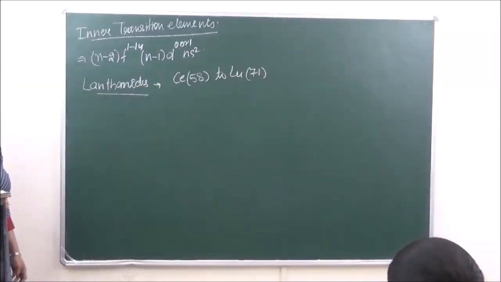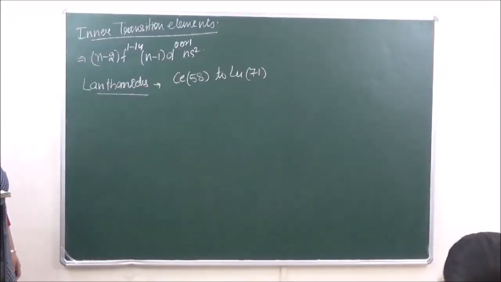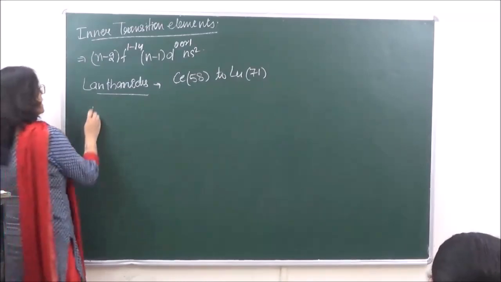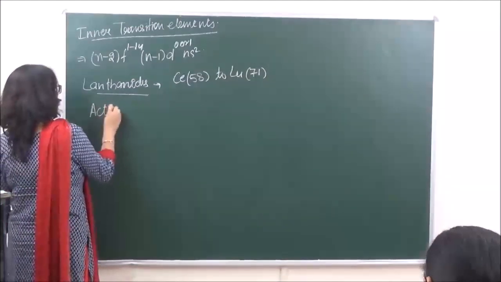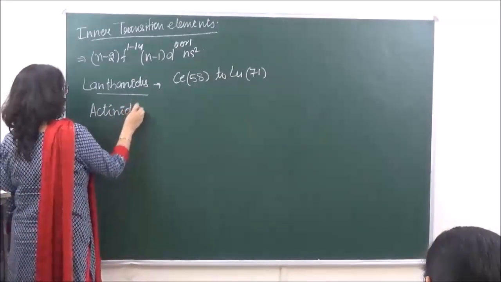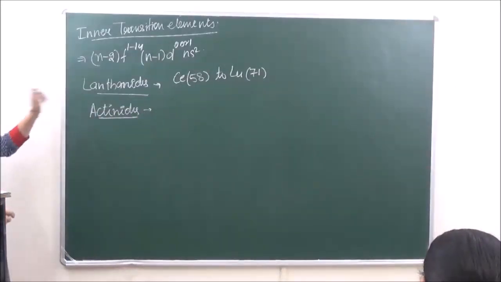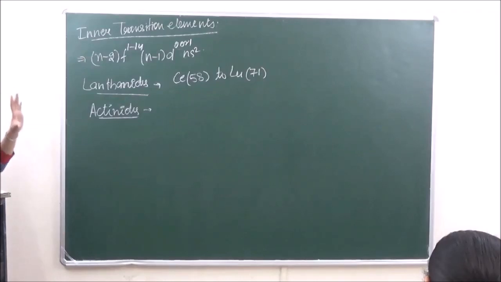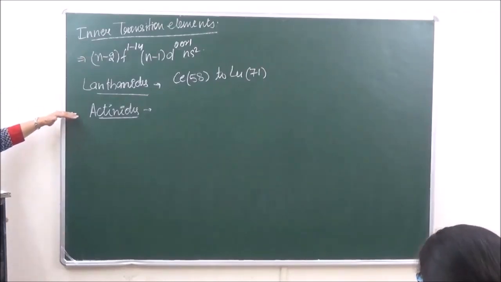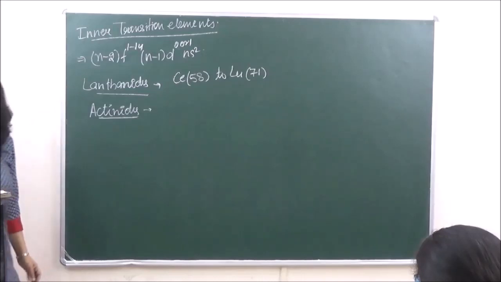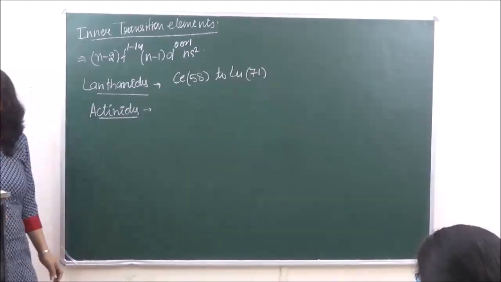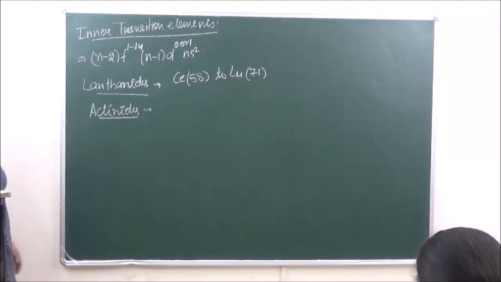Okay, so these are the lanthanides, and the second series is known as actinides. Now in case of lanthanides, we are going to fill up 4f, and in actinides we are going to fill up 5f.